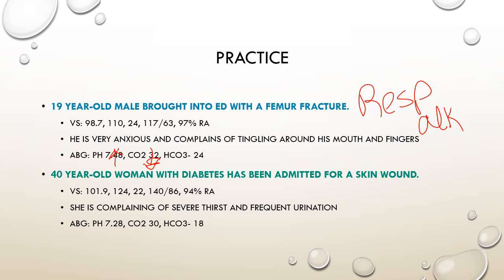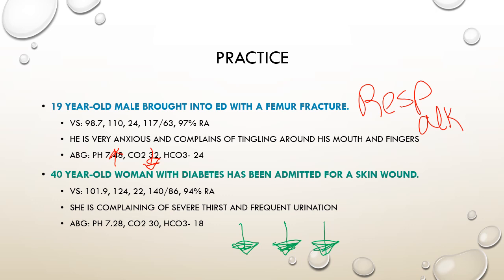Her blood gas has a pH of 7.28, which is low, right? So she's acidotic. She has a CO2 of 30. Now that's low, but it's not a respiratory problem because it's not moving in the opposite direction. And then she has a bicarb of 18, which is also low.